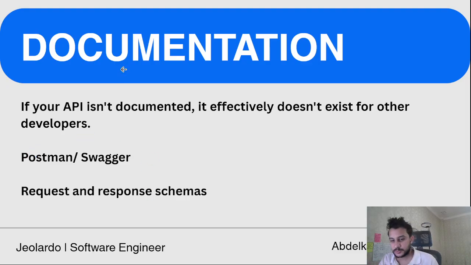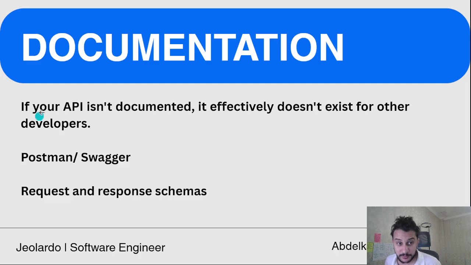Documentation is just writing how your API works, and what type of requests other developers should send if they want to use your API, what type of response should be returned, and also what type of ID or parameters to get specific items.